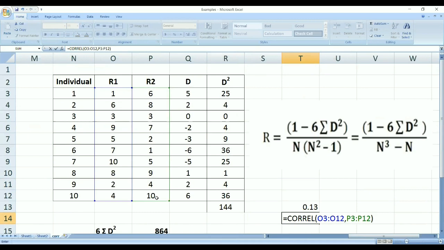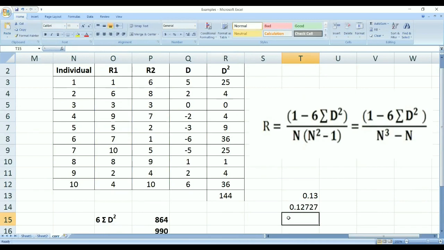Complete the bracket and enter. So you will get the answer 0.127. So to some extent you can do statistical analysis in Excel also. This is a traditional method and you can do it directly using the formula.